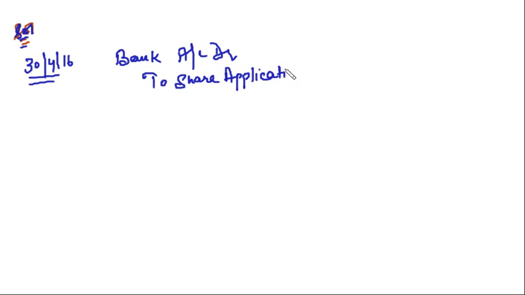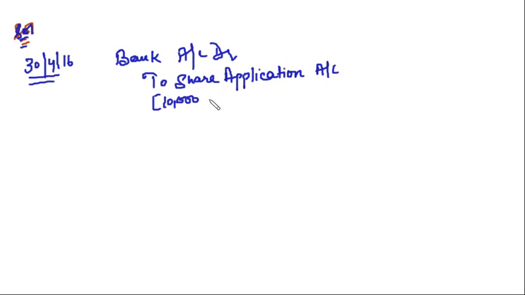What will be the journal entry? Bank account debit to share application account. Simple.